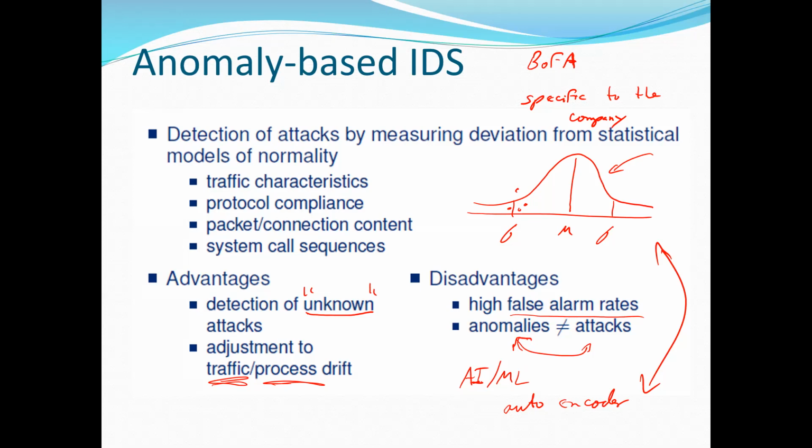So you modify the behavior from the norm, but an anomaly is not necessarily an attack. Now you can end up with a lot of alarms that are false. At some point, you're just not going to have enough system administrators to look at all of them. Maybe the IDS is detecting a lot of things, but you just don't have time to look at it. So that's one of the disadvantages of this.